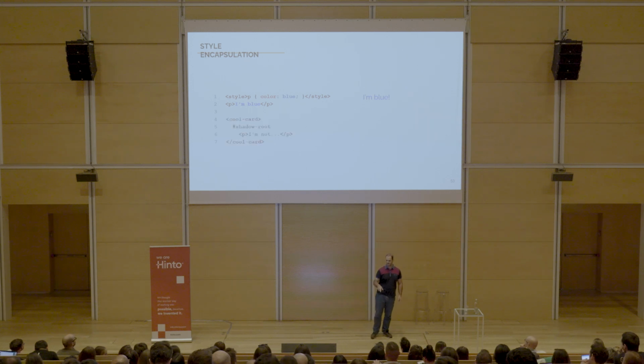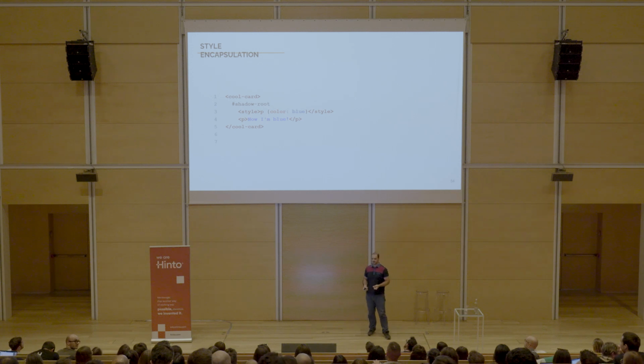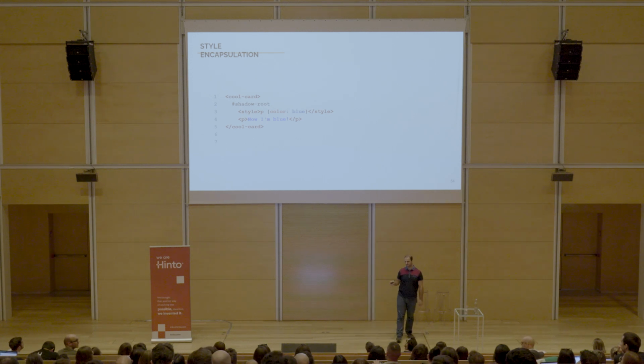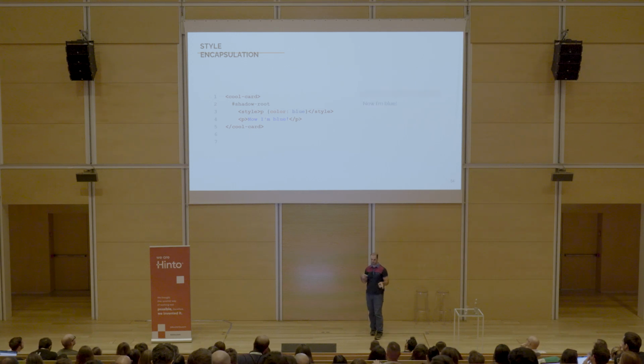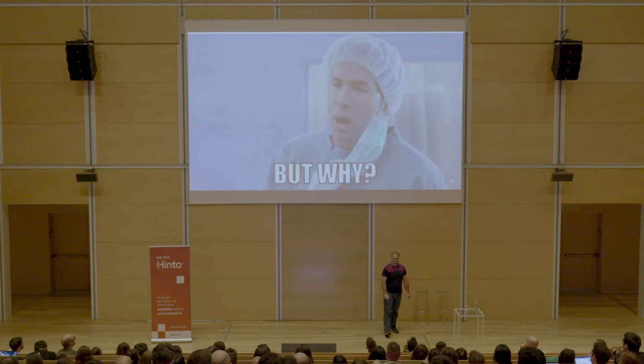So, for example, the paragraph that is outside our custom element, which is cool-card, is blue, but the one that is inside is not. Vice versa. Every style declaration inside a custom element is only valid inside the shadow tree of the custom element. So now the paragraph inside the custom element is blue, but the one that is outside the custom element is not. But why should we do this?